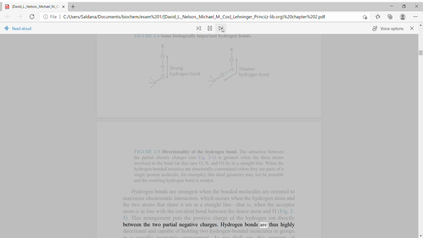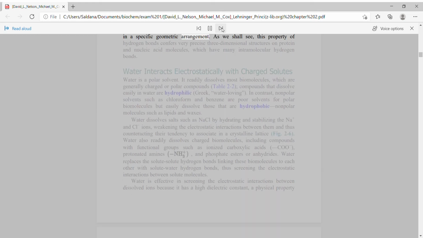Hydrogen bonds are thus highly directional and capable of holding two hydrogen-bonded molecules or groups in a specific geometric arrangement. As we shall see, this property of hydrogen bonds confers very precise three-dimensional structures on protein and nucleic acid molecules, which have many intramolecular hydrogen bonds.